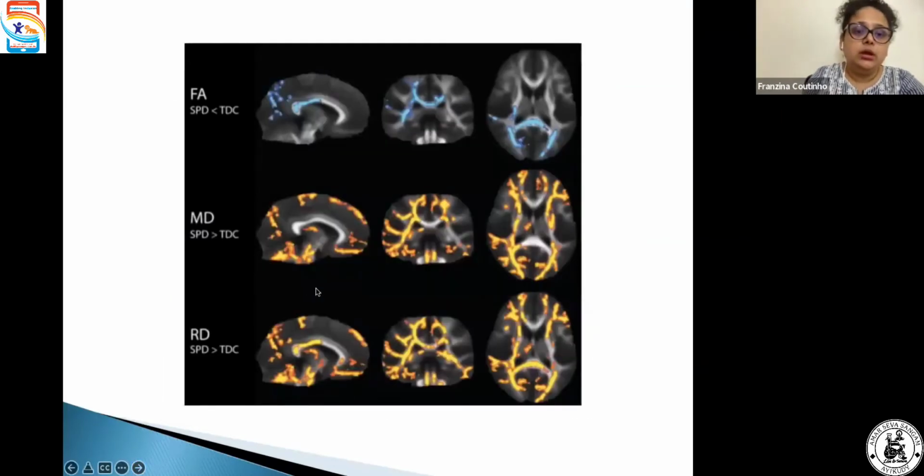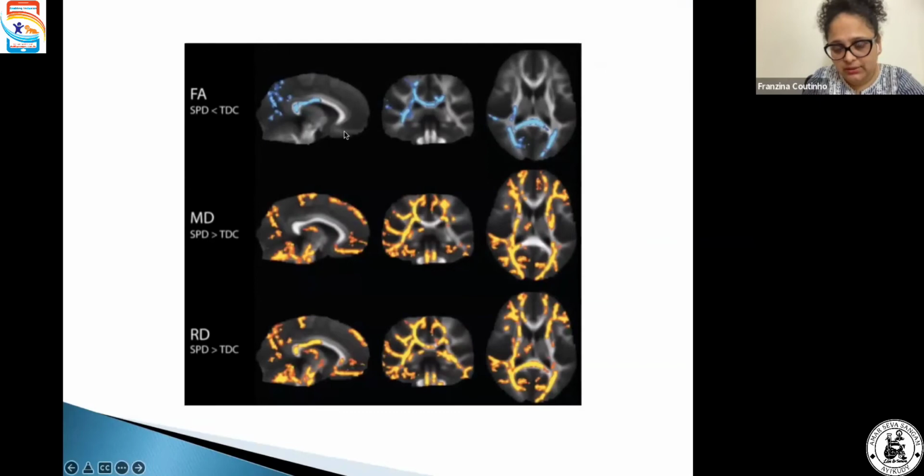Okay. Now, this is the blue that you see. You're looking at the typically developing brain here, and you have a child with sensory processing difficulties. What you need to look at here is the front part of the brain.